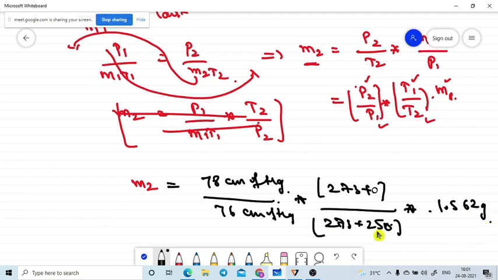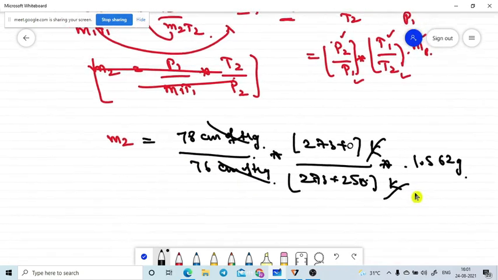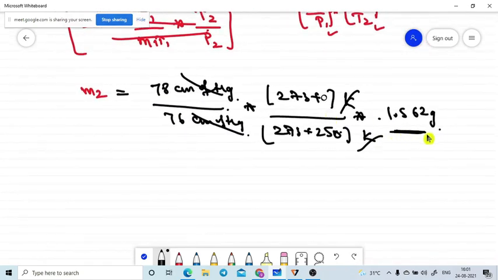The Kelvin cancels, the centimeter of Hg cancels. You will get the value directly in grams. M2 is equal to some grams.